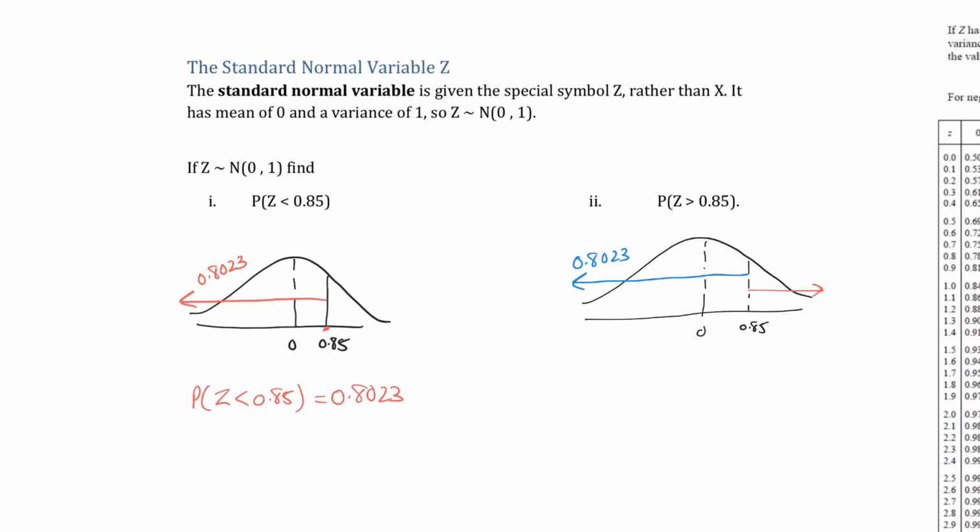Then the probability of z greater than 0.85 would be 1 minus the probability of z less than 0.85. So 1 minus 0.8023, and the probability comes out to be 0.1977. That's the probability for this region, for z greater than 0.85.